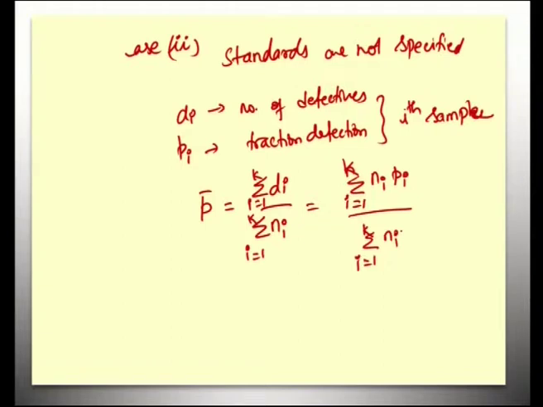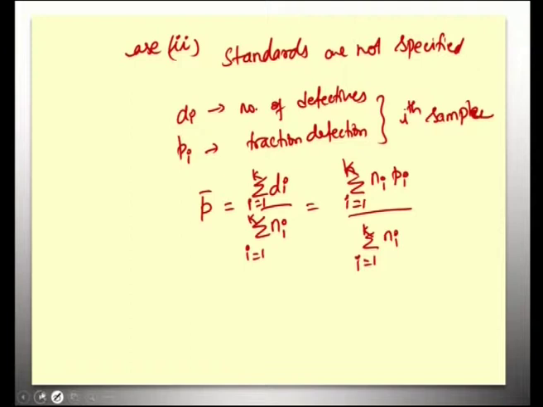Okay. There are going to be k samples, and for each sample there will be a sample size and a fraction defective. For example, I will just write here: this is the first sample, 1, 2, 3 etc. up to k.